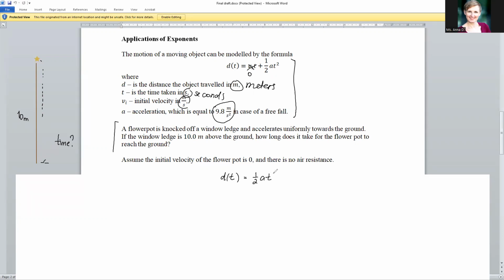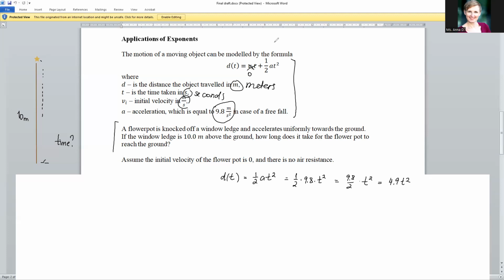1/2 A T squared. And more so, we know the A. A is 9.8, so actually you work with 1/2 times 9.8 T squared. And now you can divide 9.8 by 2 to make your life simpler, and you get 4.9 T squared. So we have simplified this as much as we can.